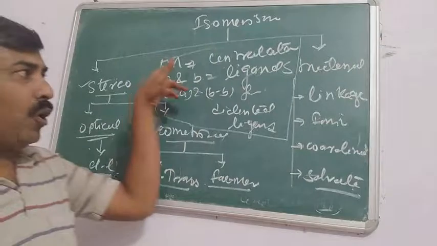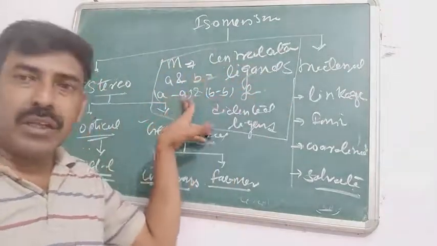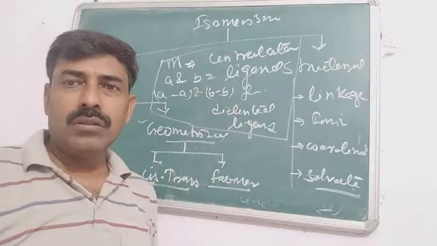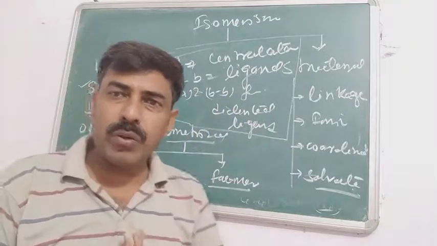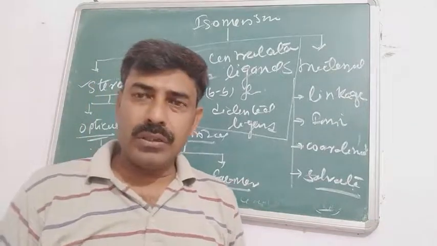So M for the central atom, A and B for the ligands, A dash A and B dash B for the didentate ligands.